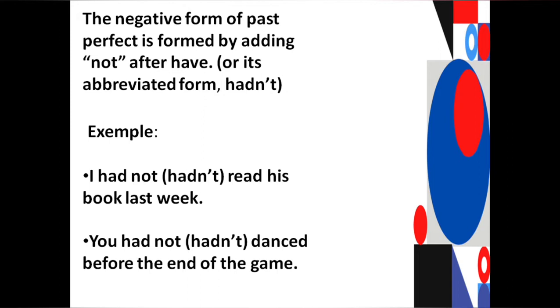So I have two actions in the past. They are recent and they are together. You had not danced before the end of the game. So the game ended and you had not danced before the game ended. No problems. Going on.